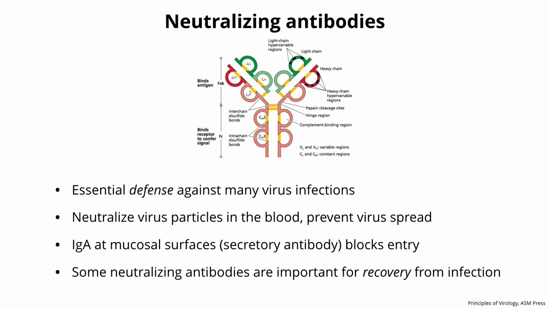Now, in general, we say that antibodies can prevent virus infection, especially when it's a secondary infection after a memory response. But in certain cases, some antibodies are also important for recovery from virus infection. They're not as common as preventing infection, but they exist as well.